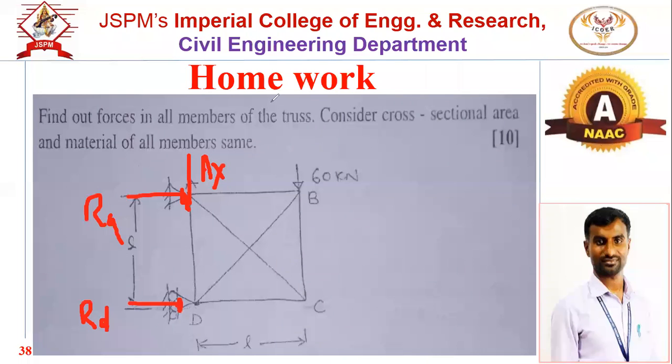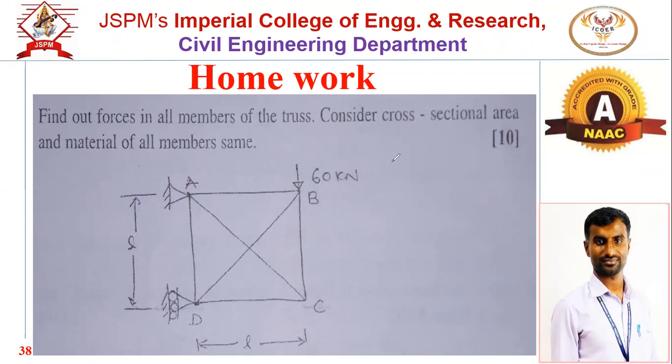Now tell me, which member will you select if your truss is internally indeterminate? Which member we have to select as a redundant member here?